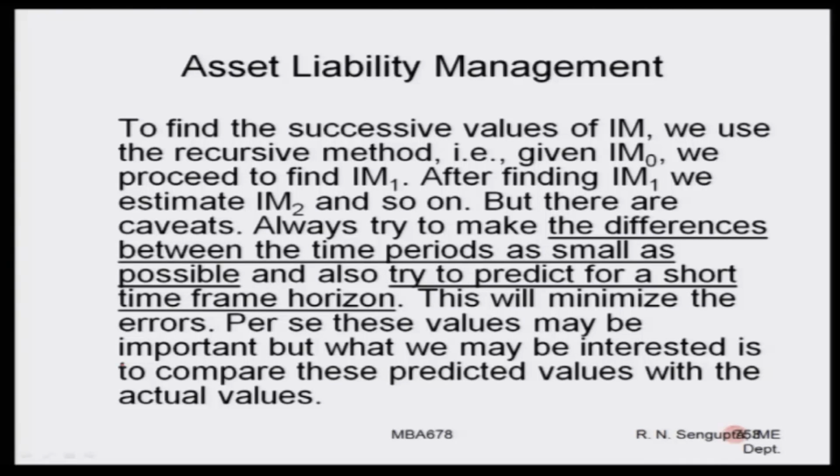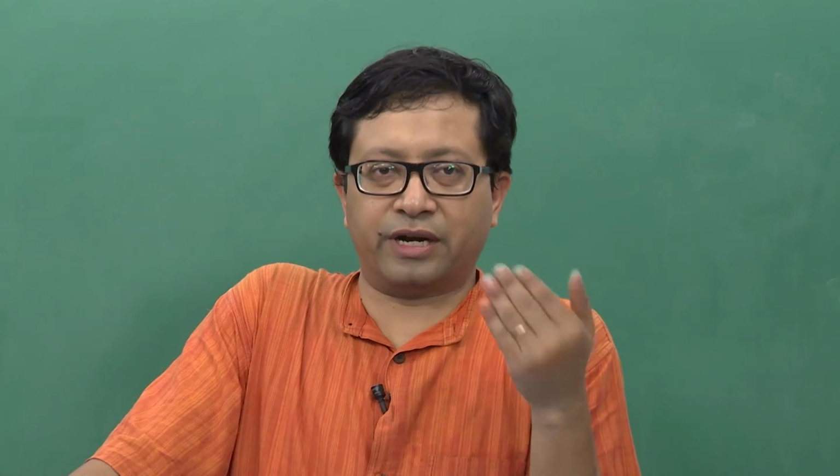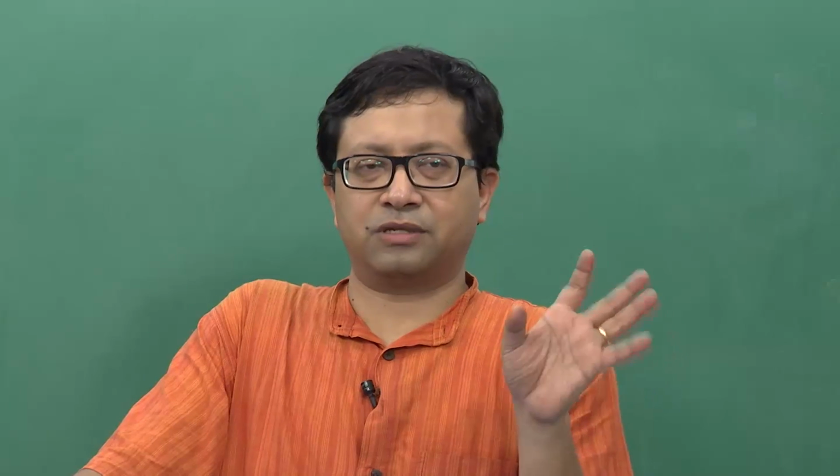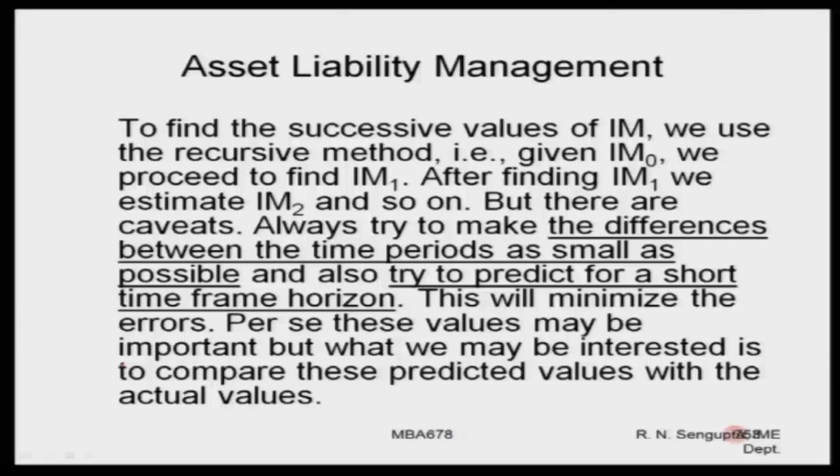That means we go one step forward or backward depending on the overall significance, on how many states it depends. So, if the interest rate is dependent on 2 states backward, obviously it will be a 2 state process. We would not be going into details, but what I am trying to explain is how they can be done. So, given IM 0, which you have just discussed, we proceed to find IM 1.